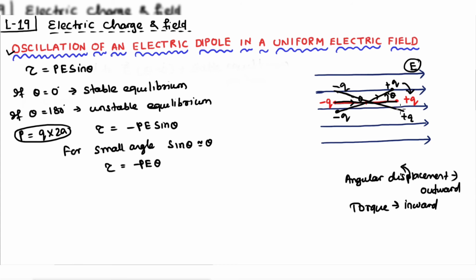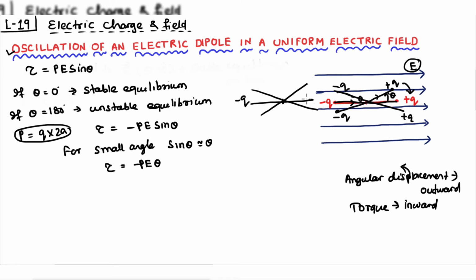Again, another torque acts on it which rotates the dipole in the anticlockwise direction. So in this way, what happens? The dipole oscillates about the equilibrium position like this.